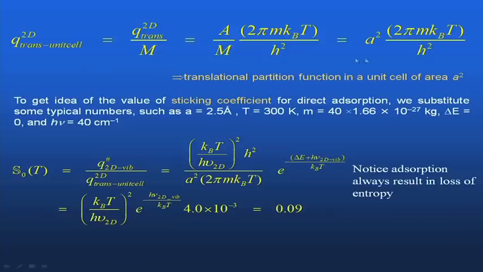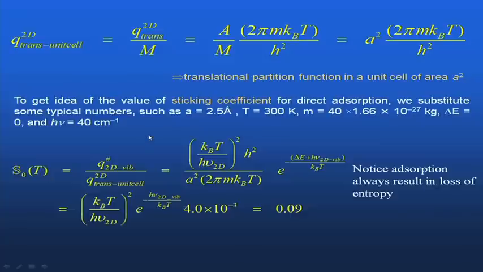So, you can write this Q trans unit cell ultimately as a squared divided by h squared, twice pi m k_B T. This is nothing but the translational partition function in a unit cell of area a squared. That is, if you confine an atom within a unit cell, this is how its partition function will look.